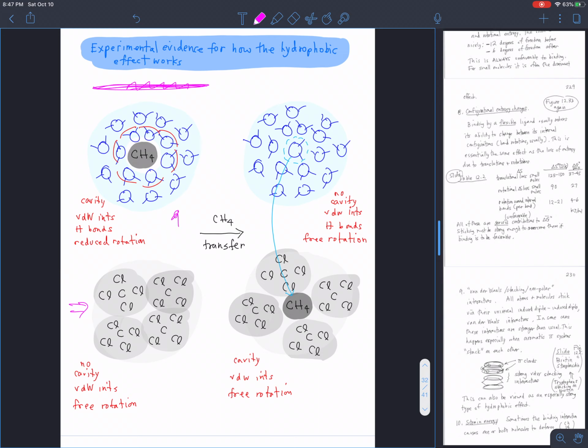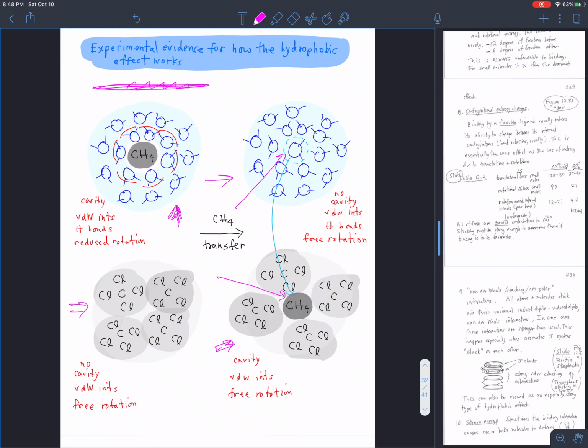So the water's got the methane at the beginning, but after the reaction, it's the carbon tetrachloride that's got the methane. And what happens when the methane moves from the water to the carbon tetrachloride? Well, two things happen really. One is you lose all the interactions between the methane and the water, and now you gain new interactions between the methane and the carbon tetrachloride.